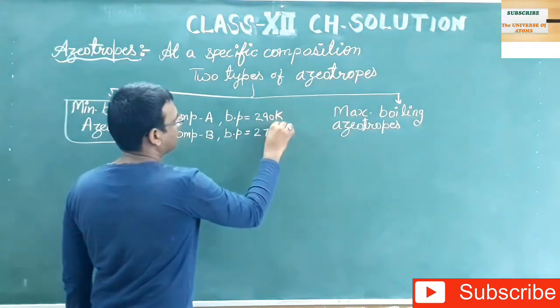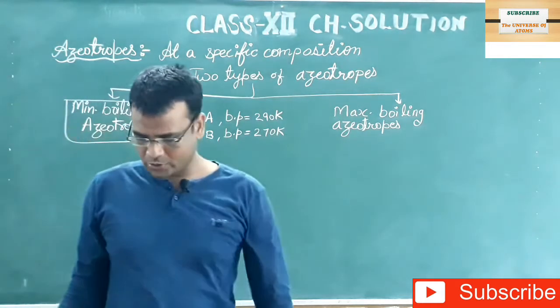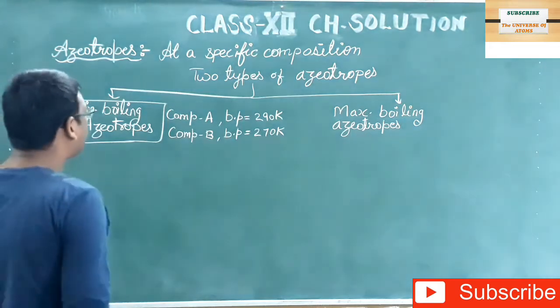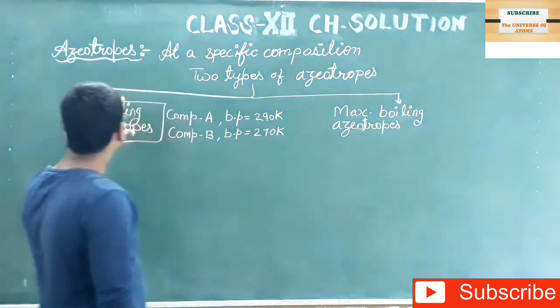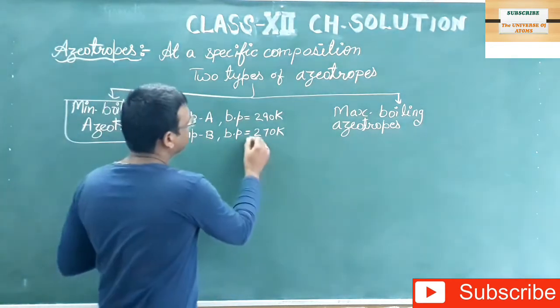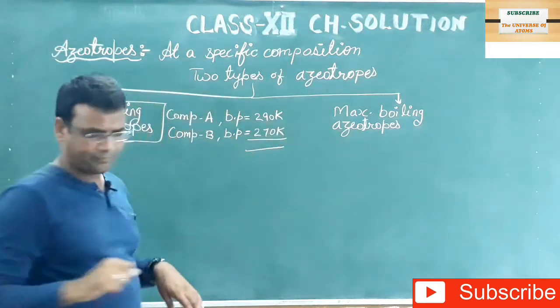K is capital, Kelvin is a unit, so the capital K is used for Kelvin. In the case of minimum boiling azeotrope, the common temperature at which both these components will start boiling will be below this one.